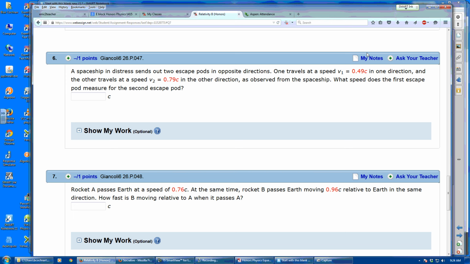All right, so number 6, another relative motion, relative velocity one like the one we just did. So your work should reflect the same type of idea. In this case, we're going to take the spaceship as our stationary frame of reference, and the other thing that we need to keep in mind is that one of the directions is going to be negative.